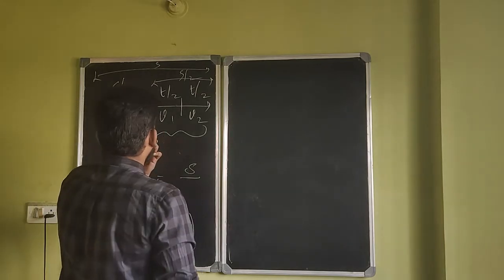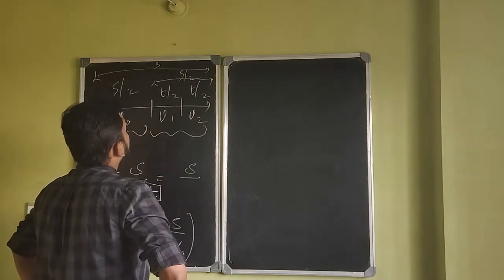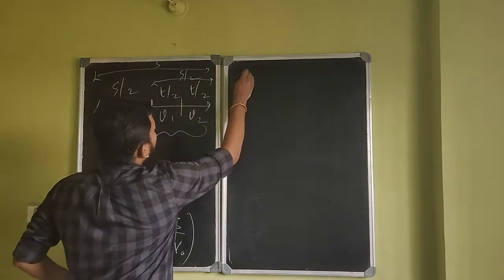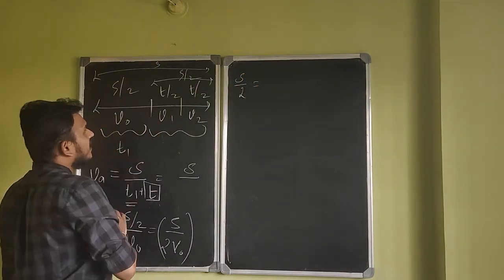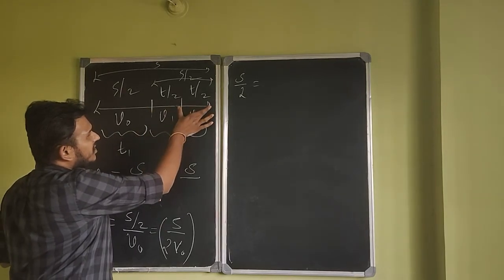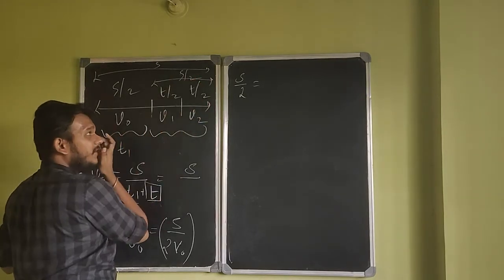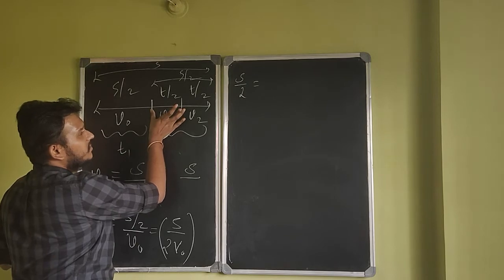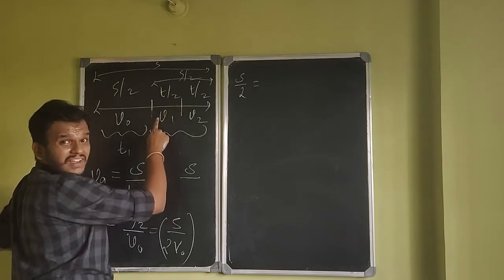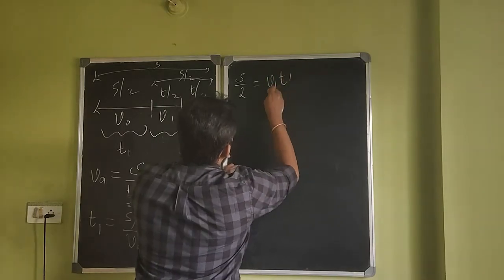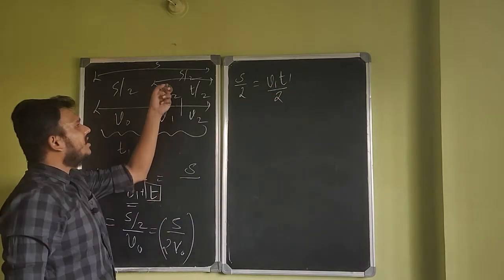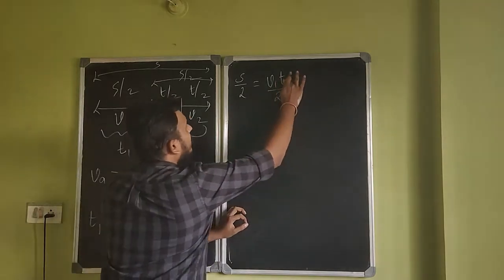How do I do that? This remaining displacement of s by 2 can be written like this. This displacement plus this displacement becomes this displacement, which is s by 2. How much is this displacement? This displacement is going to be this velocity into this time, which is v1 into t by 2.